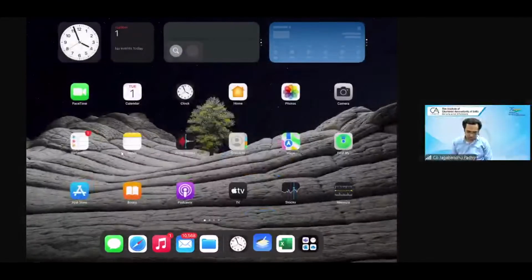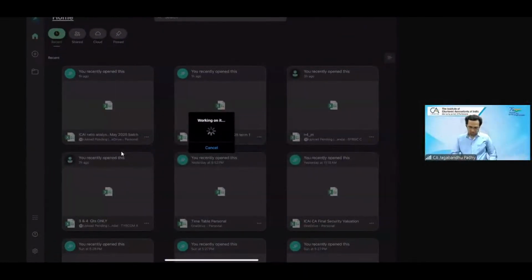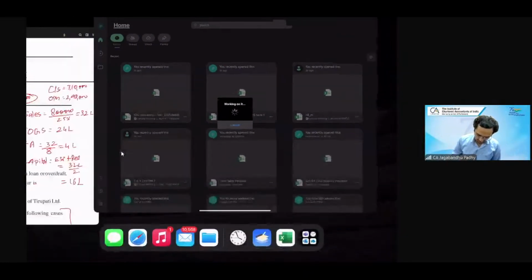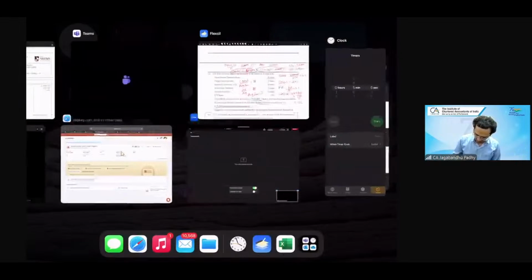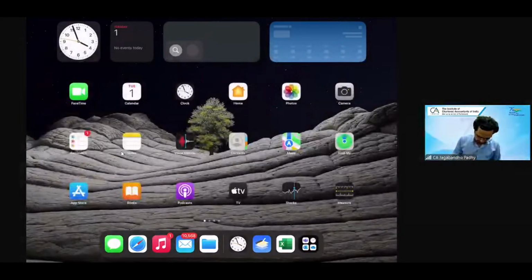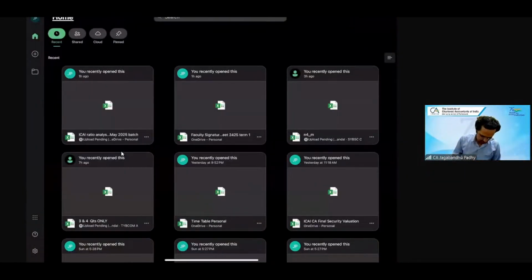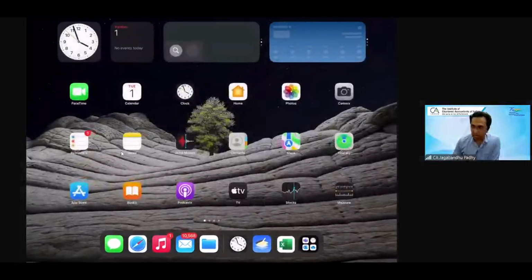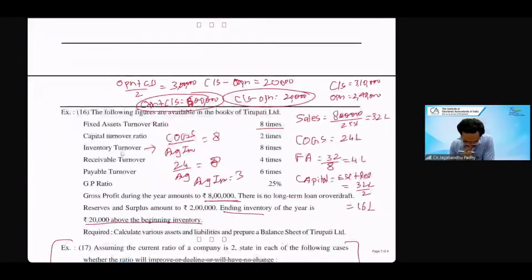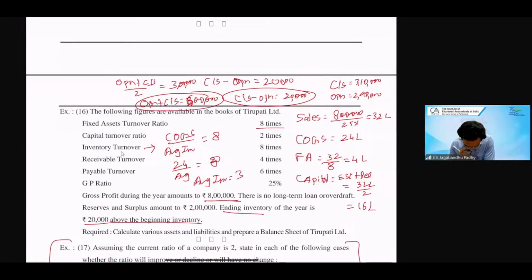Let me check if this has got sorted. Not yet. We'll see that later. Anyway, closing stock is 3 lakh 10,000. So we have used capital turnover, fixed asset turnover, and inventory turnover. Now receivables turnover.